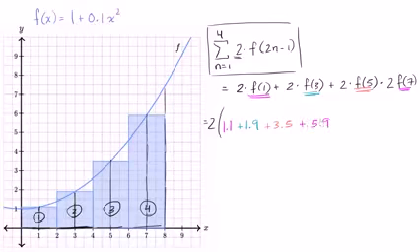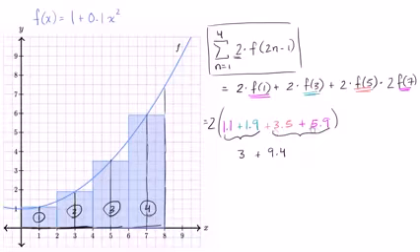So what is this going to be equal to? 1.1 plus 1.9 sums up to 3. Then if we add the 3.5 we get to 6.5, and then we add the 5.9 and we get to 12.4.